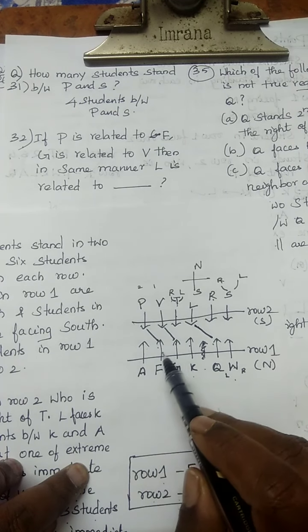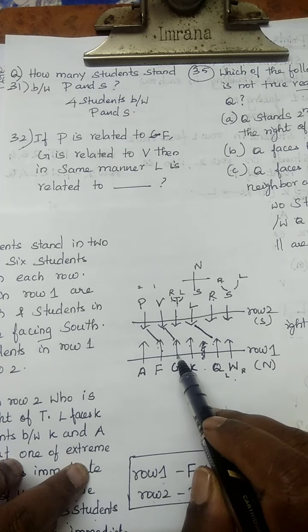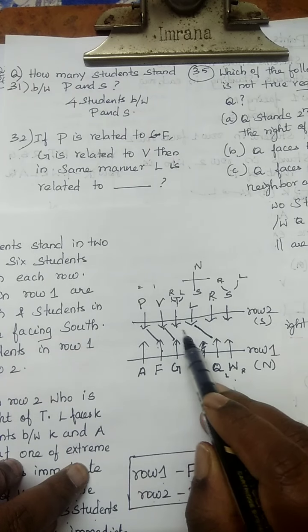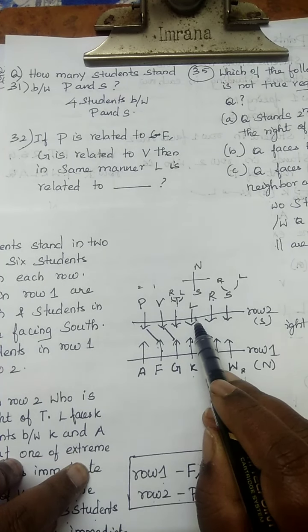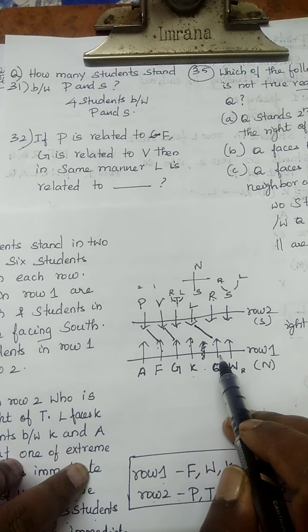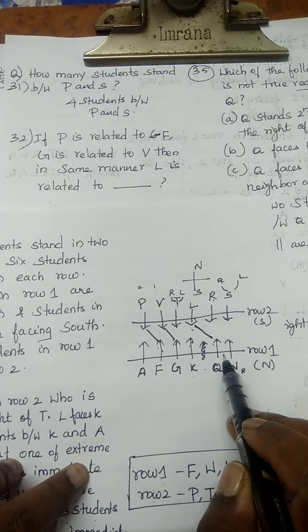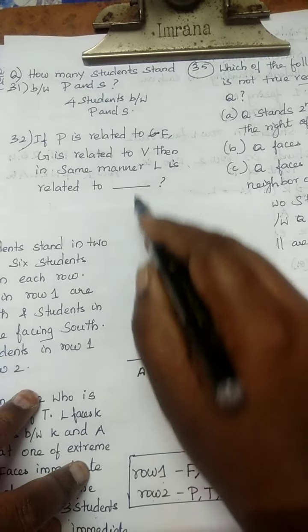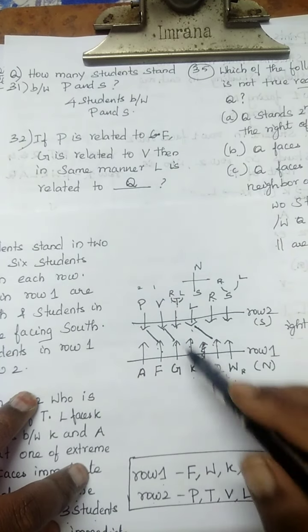First in row 2 to second in row 1. Second in row 2 to third in row 1. Third in row 2 to fourth in row 1. 4 in row 2 to 5 in row 1. So L is related to Q. So the answer is Q. Can you understand this, guys?